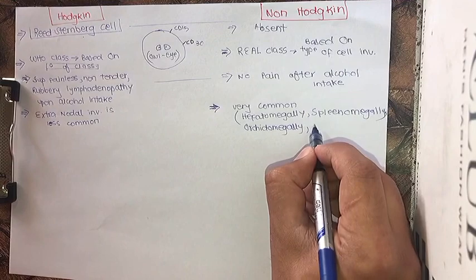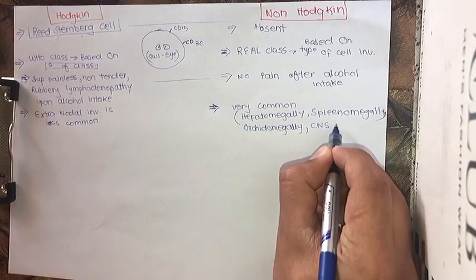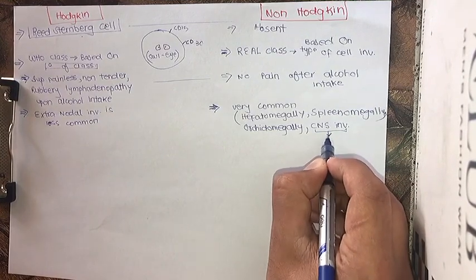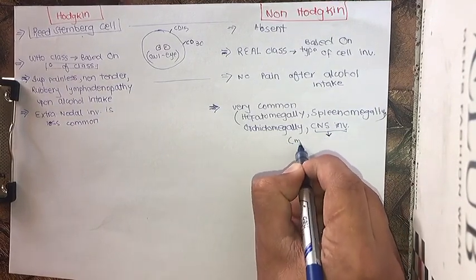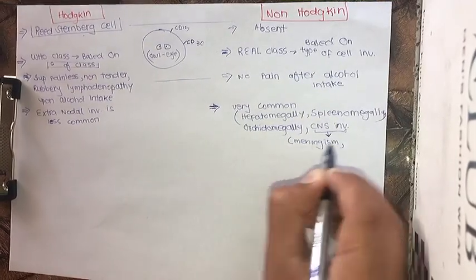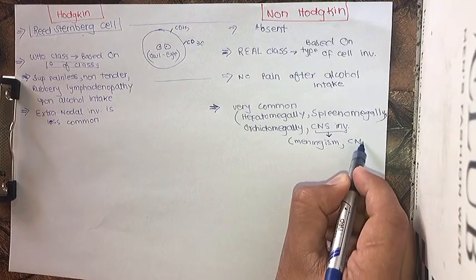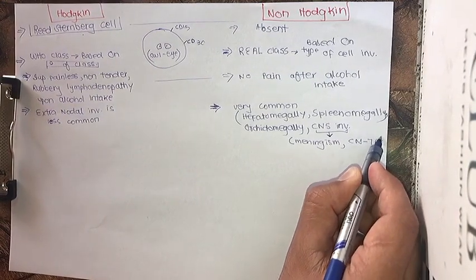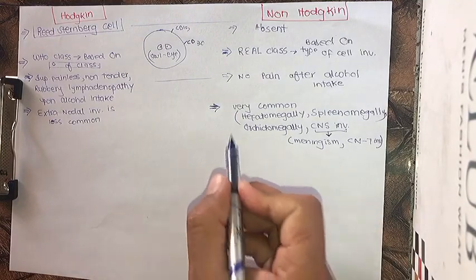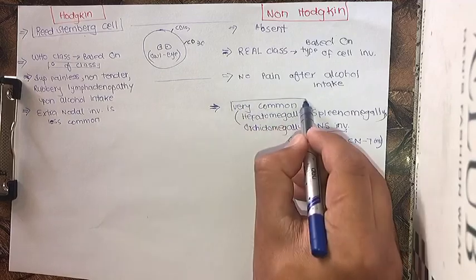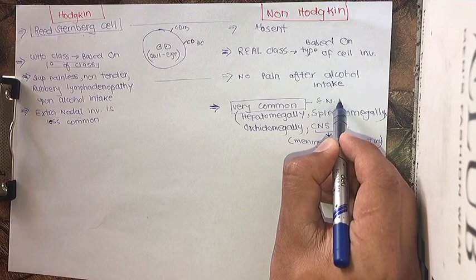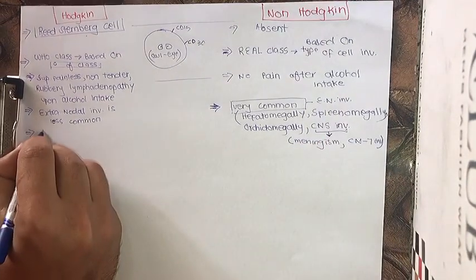The CNS can also be involved, with features like meningism and cranial nerve 7 involvement, so there could be facial palsy and all that in non-Hodgkin's lymphoma. Extranodal involvement is very common.